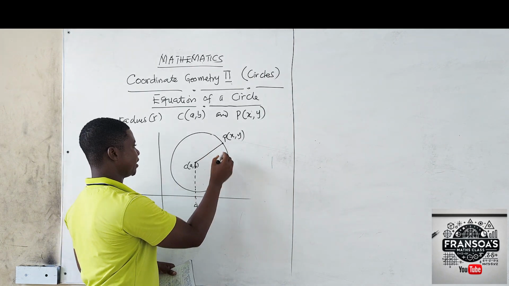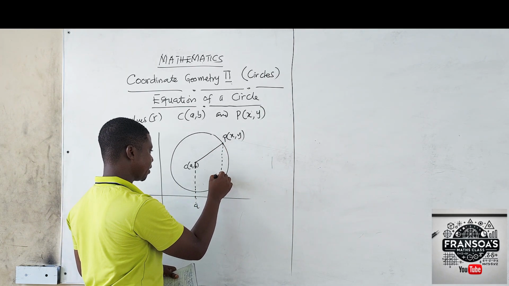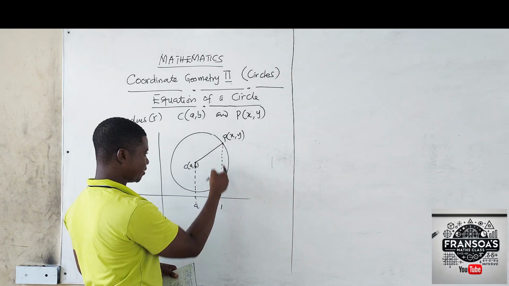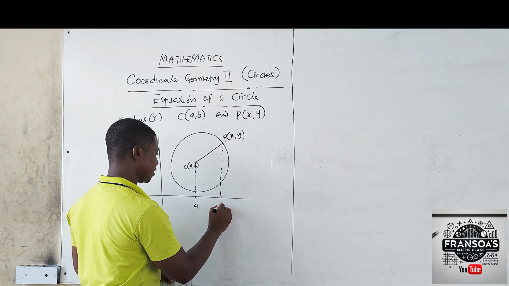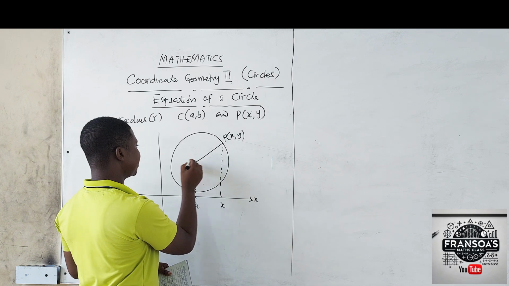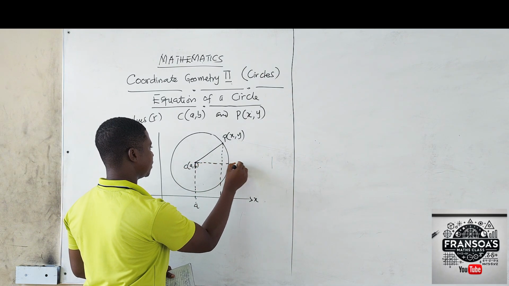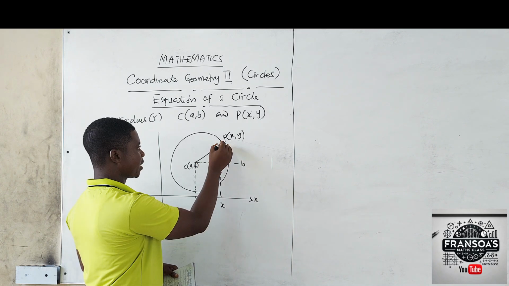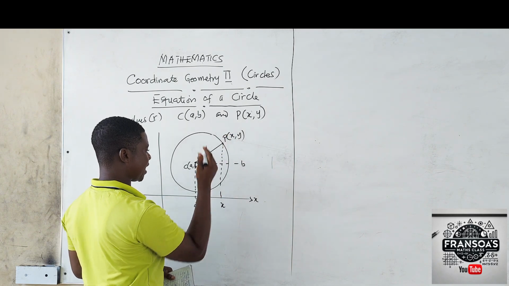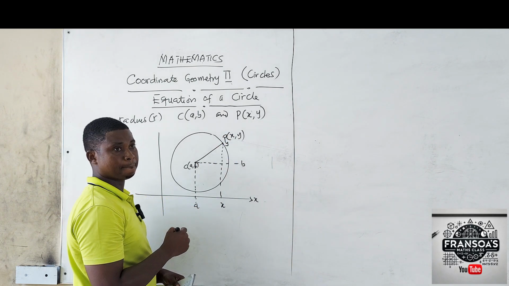Then we have our b. This side, we have the x, because that's the x-coordinate. Then for the y-axis, we have b, and this side is our y.